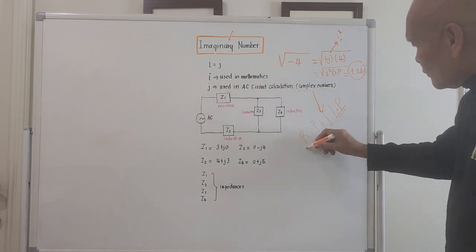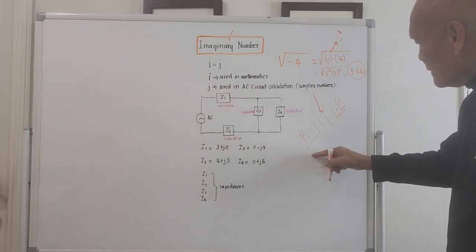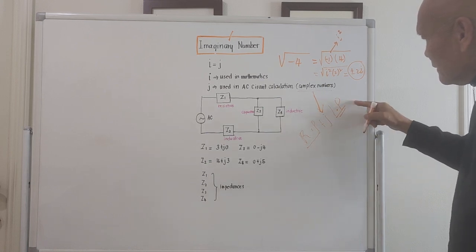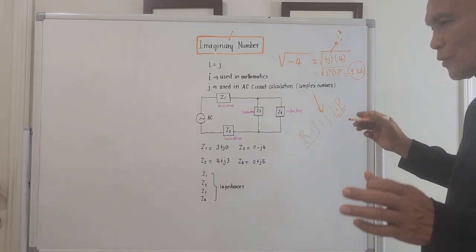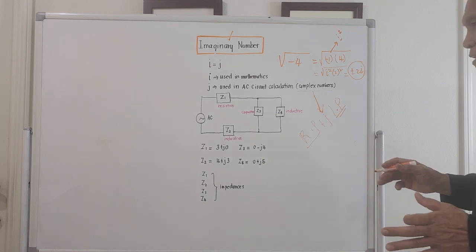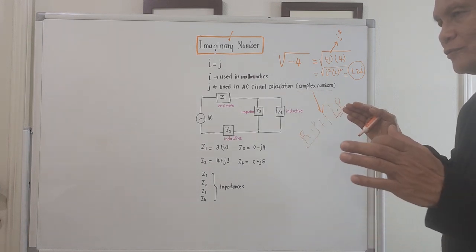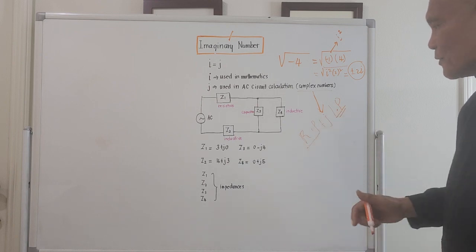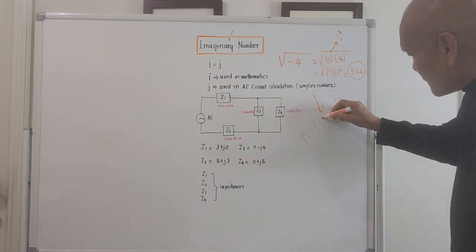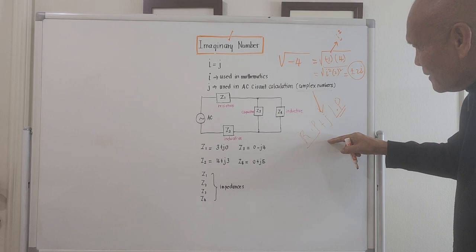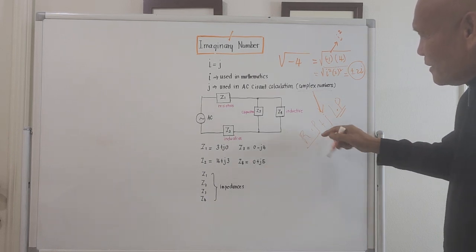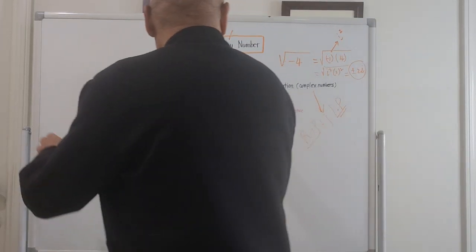To notice the imaginary part from the real part, we precede the imaginary part by letter J.